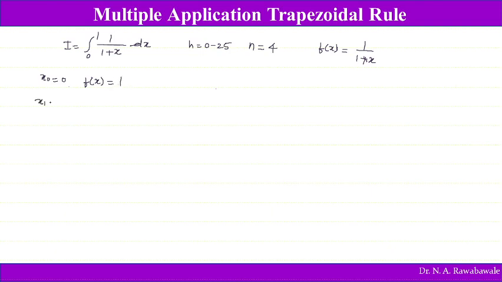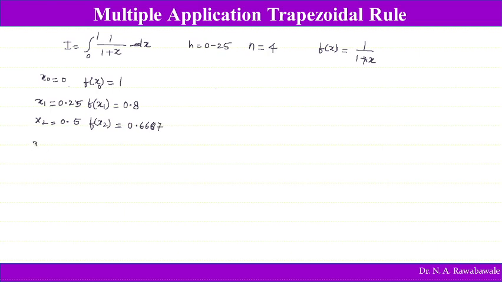If x1 is 0.25, then f of x1 becomes 0.8. If x2 is 0.5, with steps of 0.25, then f of x2 works out to be 0.6667.